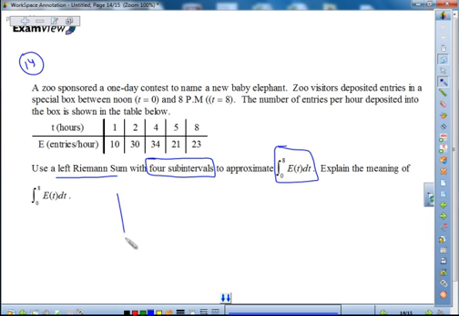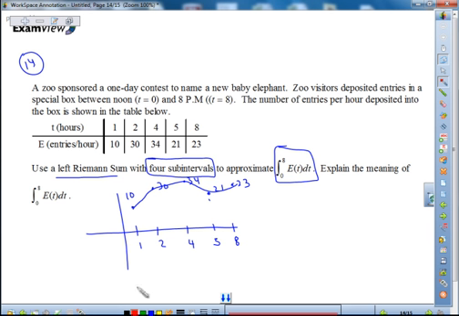Again, the best way to do this is to sketch your graph. It doesn't have to be exact. It just helps you picture what the graph is going to look like. So we're going to use left rectangular approximation, so the left side is going to touch the graph.